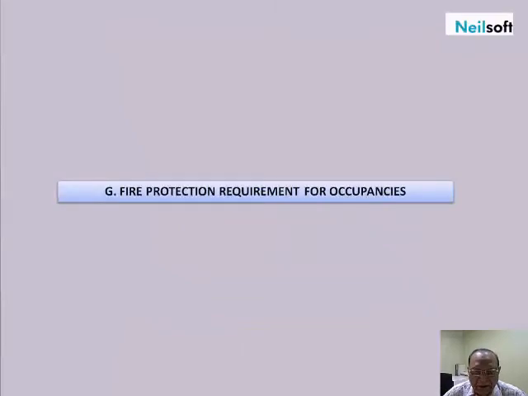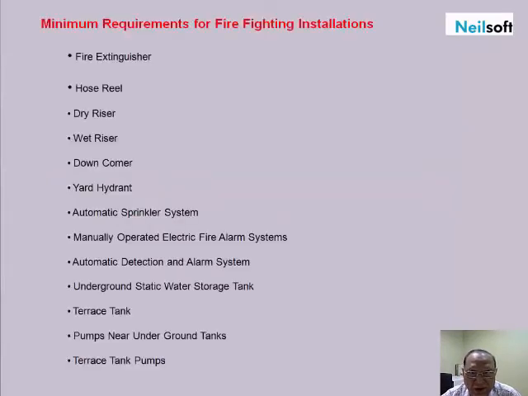Part we shall be discussing or knowing the fire protection requirement for different kind of occupancies. The minimum requirement for firefighting installation, that is the firefighting requirement for residential buildings and industrial buildings, are the following.